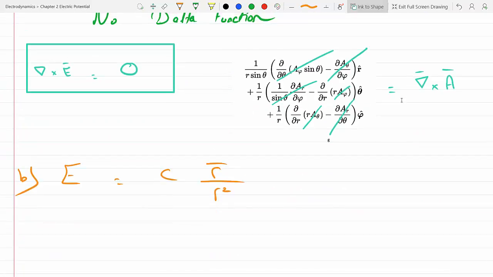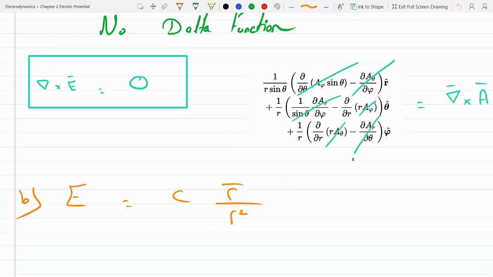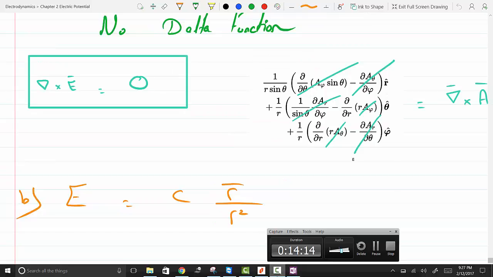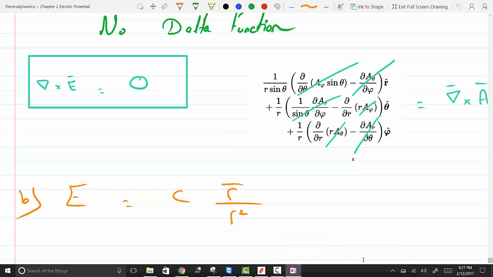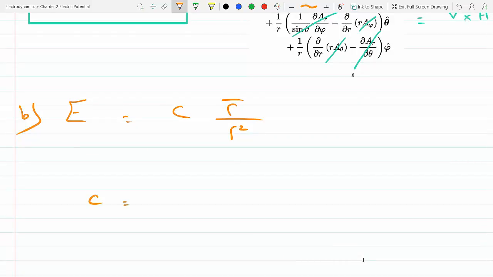So that means C, let's use dimensions here, is E r squared over r hat.